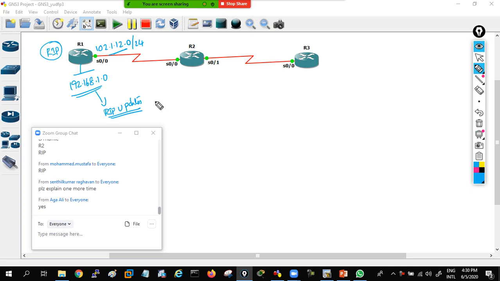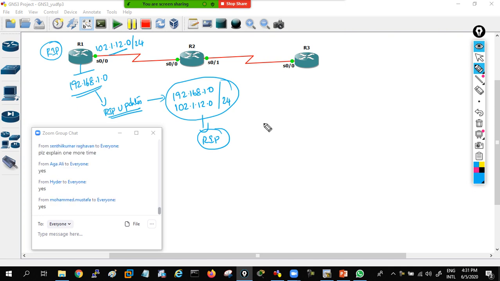As per router 1, what are the RIP updates? 192.168.1.0 and 102.1.12.0. These two are the RIP updates. Why? Because you advertise these two networks inside the RIP protocol. Everybody understand? Say yes or no. Guys, I need attention for this.